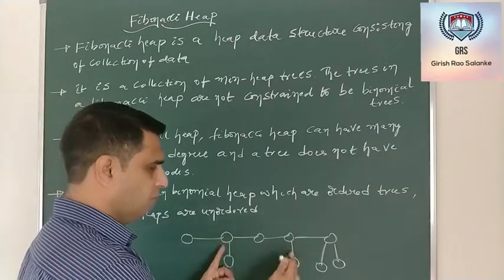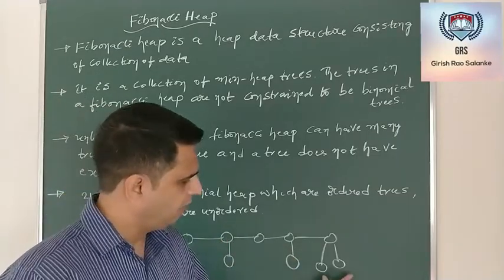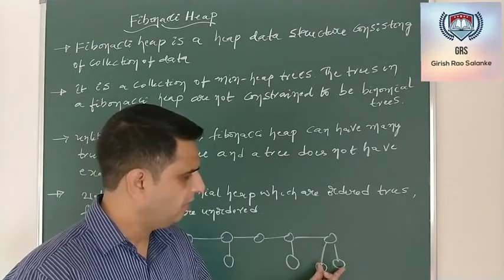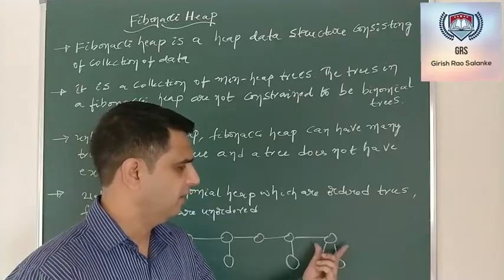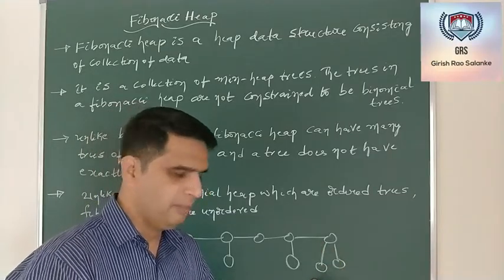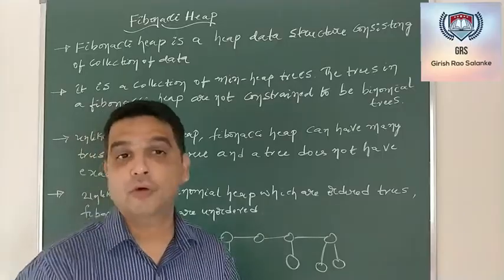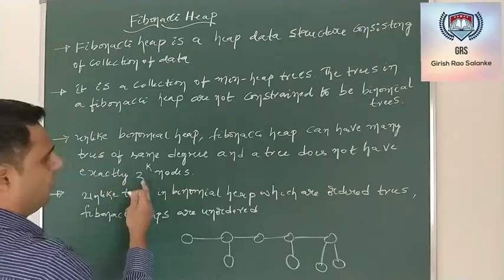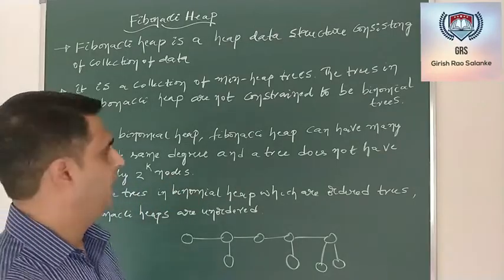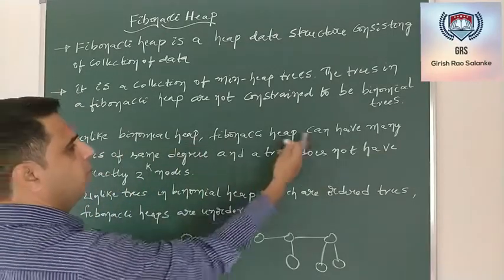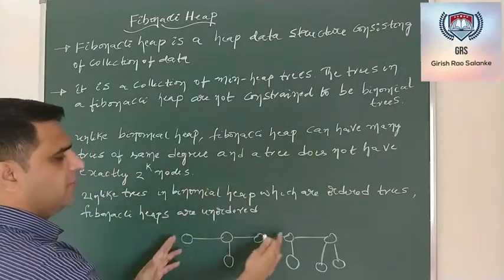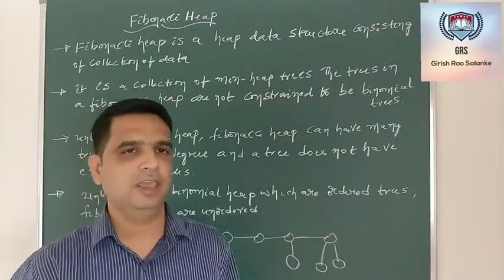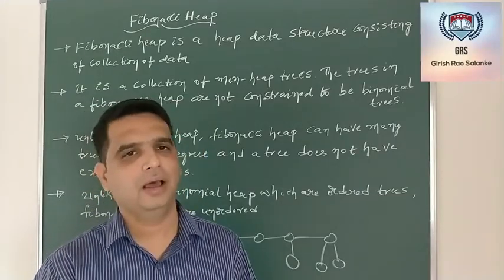I am having 2 B1, and I am having a B2, but here I am not having 2 power k nodes. I am having one node less. In the case of B2, I am supposed to have 4 nodes, but here it has just 3 nodes. This does not have exactly 2 power k nodes. And the other one: unlike a binomial heap, a Fibonacci heap can have many trees with the same degree. So this was the definition of a Fibonacci heap compared to a binomial heap.